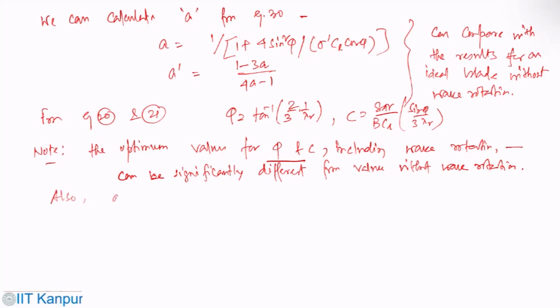Also, as before, we can select alpha where CD by CL is minimum.